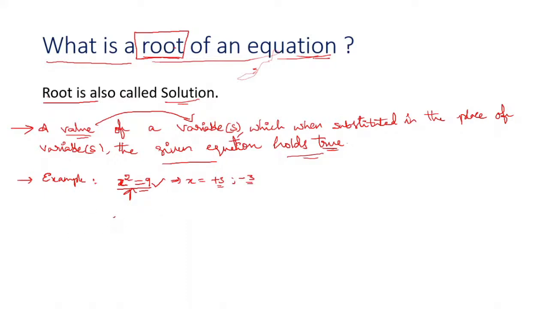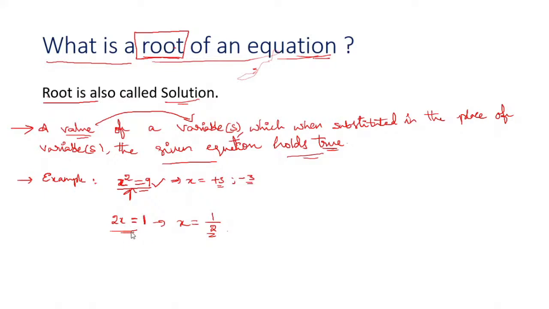Let us take another example. If we take 2x is equal to 1, what is the root of this equation? The root of this equation is x is equal to 1 by 2, because when we substitute 1 by 2 in the place of this variable x, 2 into 1 by 2 becomes 1.